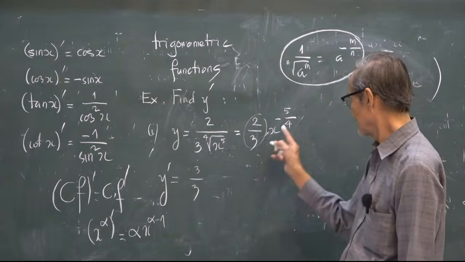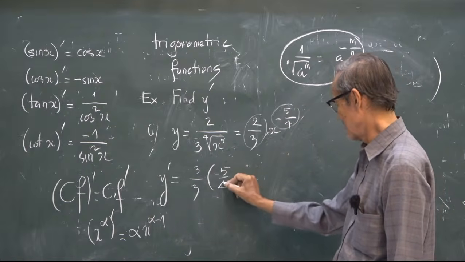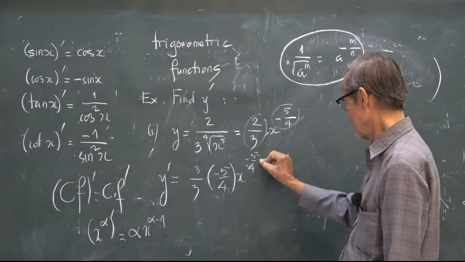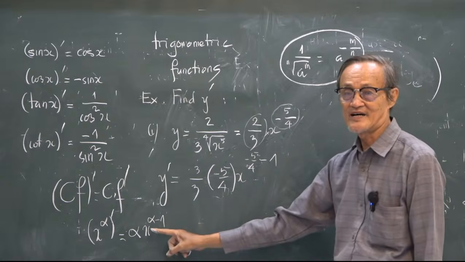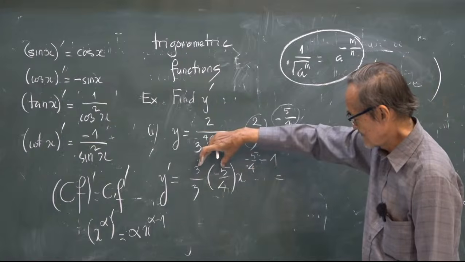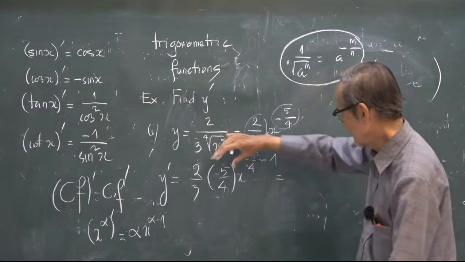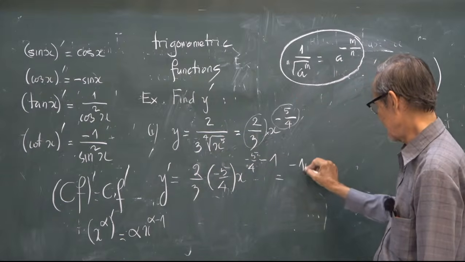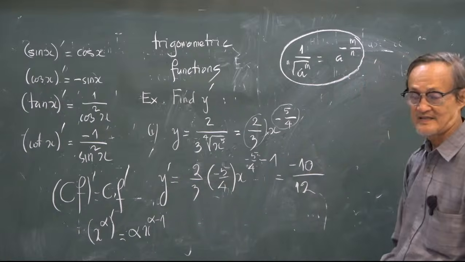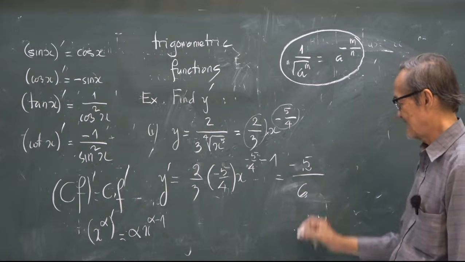Here alpha is minus 5 over 4, so x to minus 5 over 4 minus 1, this formula. And we have minus 2 times 5, that is minus 10 over 12, or 5 over 6.